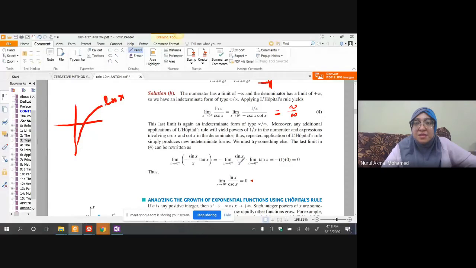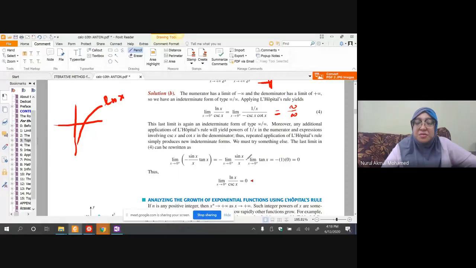So limit here, sine x, tangent x, and this is 1 over x. Okay. Somehow it stopped with the L'Hopital rule, but try to simplify these expressions. Okay. Limit tangent x.